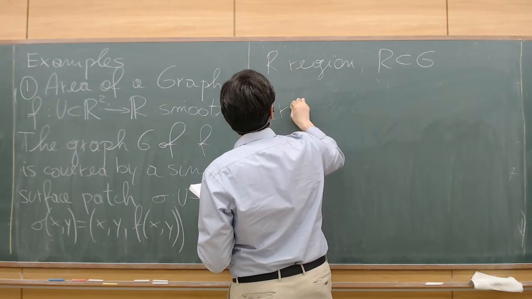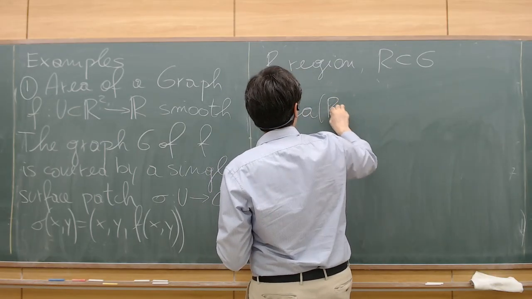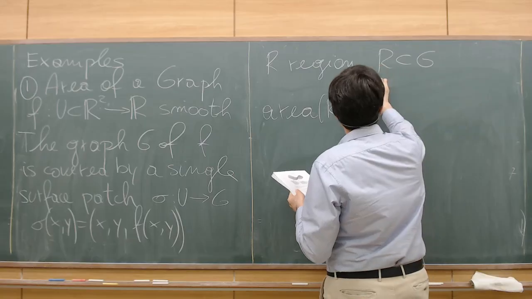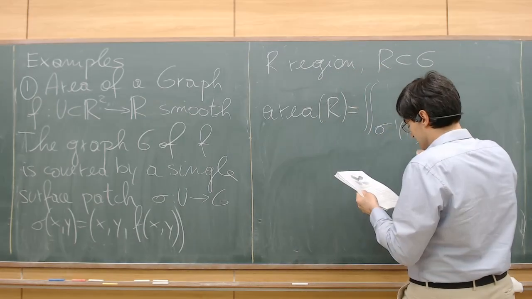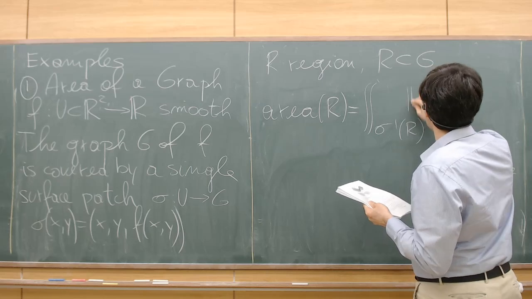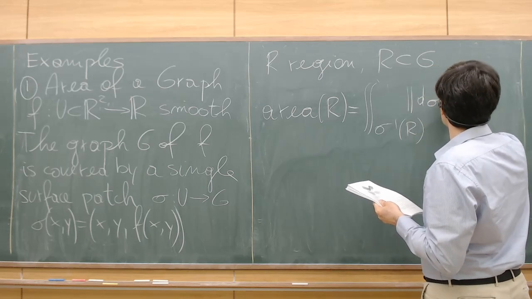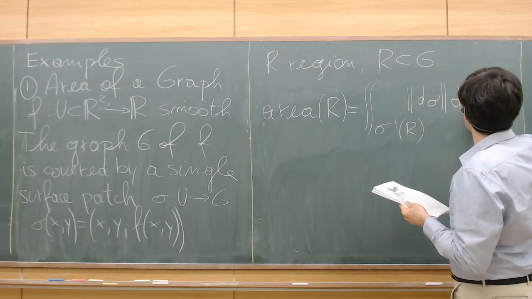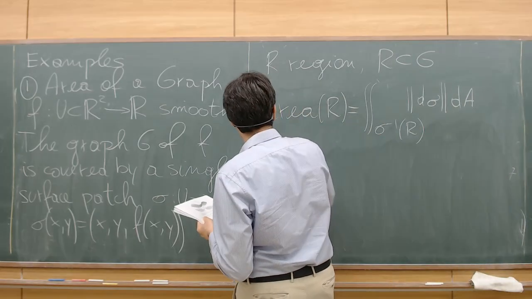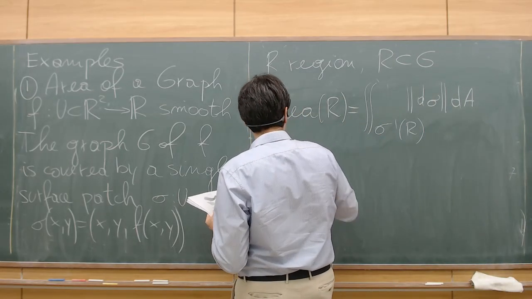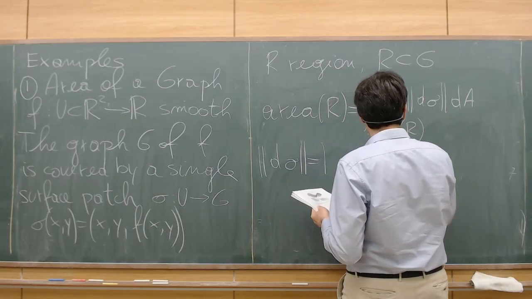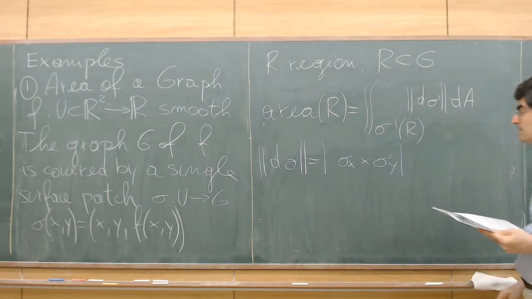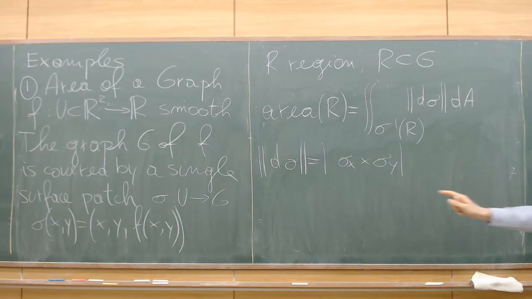We have that the area of R is the double integral over sigma inverse R of the area distortion of the sigma dA, but the area distortion is, sorry, it's the length of sigma x times sigma y.